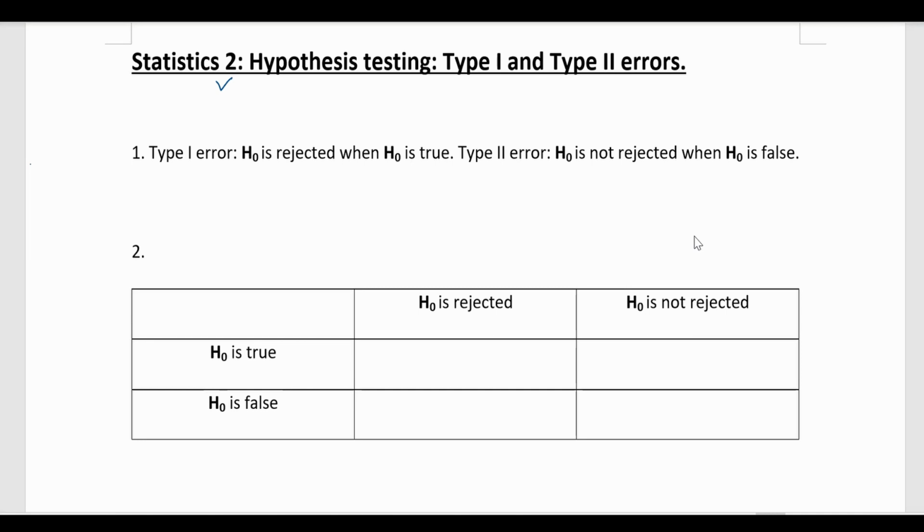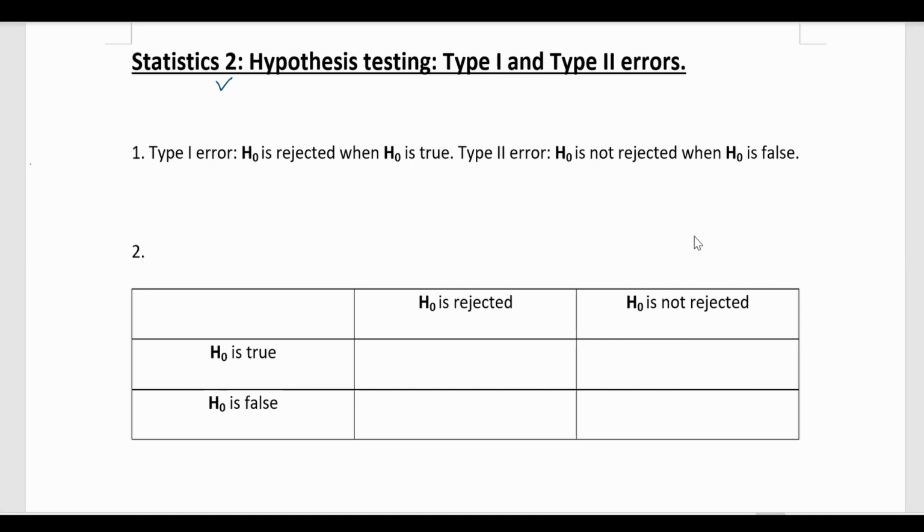When we carry out hypothesis testing, we have to make a decision. When we are making a decision, there will be chances that we have made an incorrect decision, and hence there will be type 1 or type 2 errors. Refer to point 1.